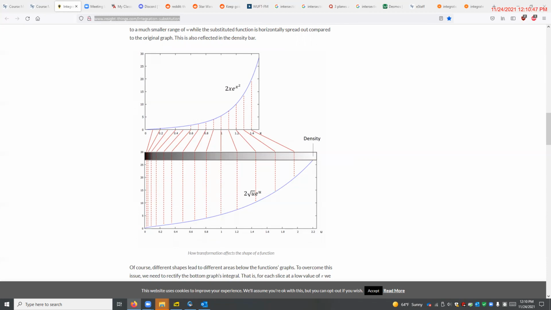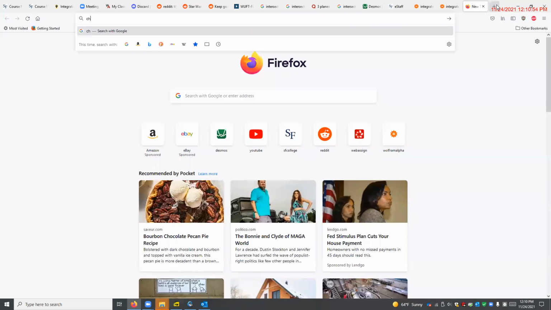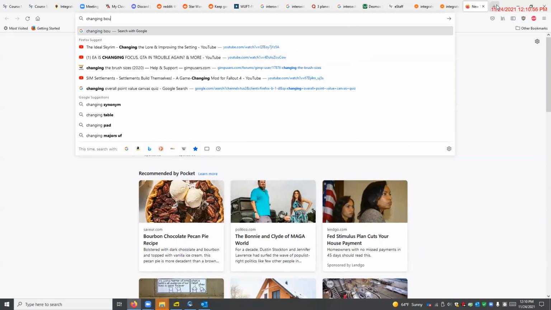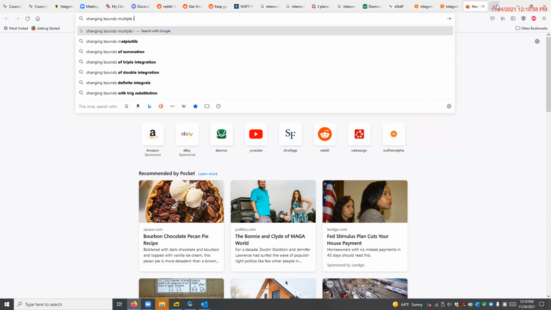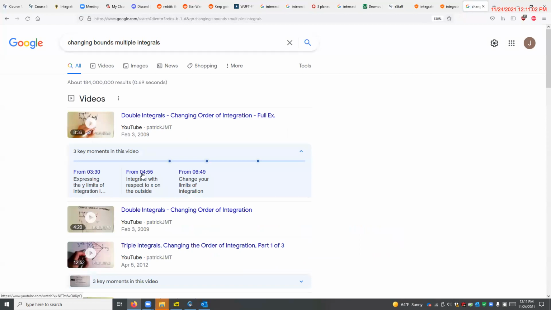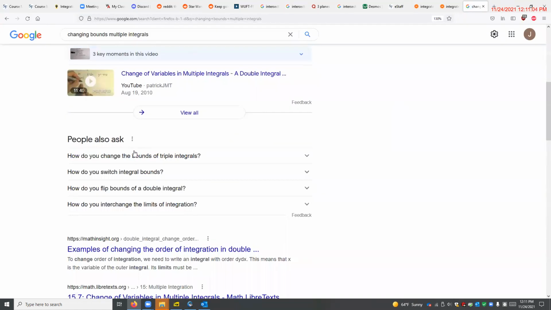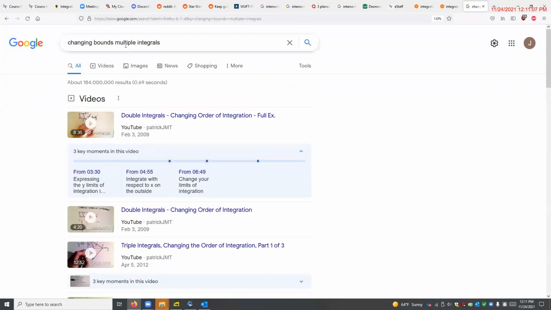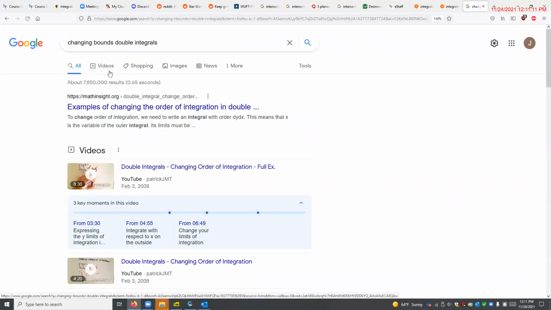There's one other big reason, and before I let you go, let me share this. In Calc 3, you're going to be looking at integrating over regions, let's say double integrals. Instead of integrating over an interval, like from 0 to 1, you'll be integrating over a two-dimensional region.